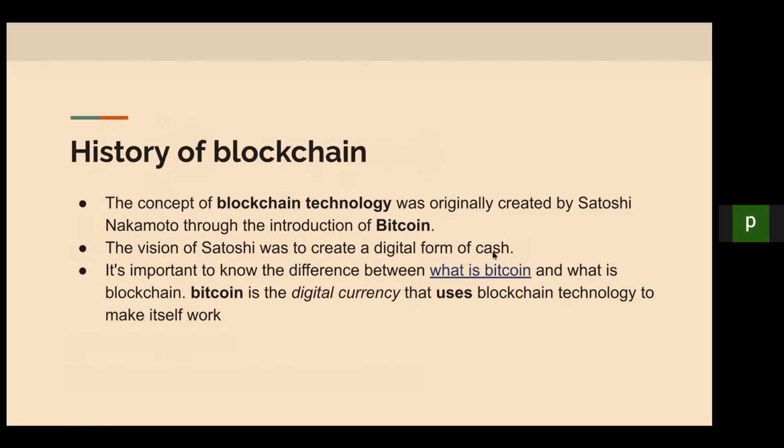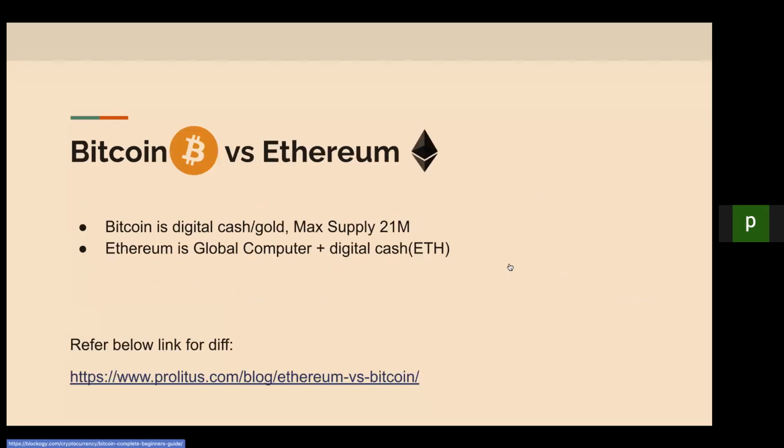Because when the government controls the money, they control the people. He thought that if we remove the control of money from the government, the government cannot control the individual. So his intention was to make digital cash.